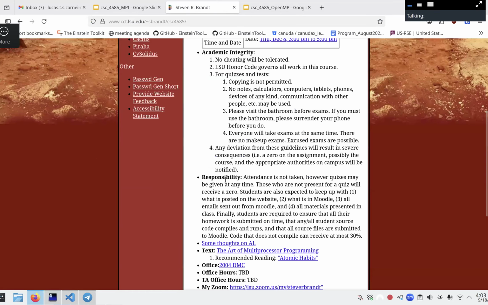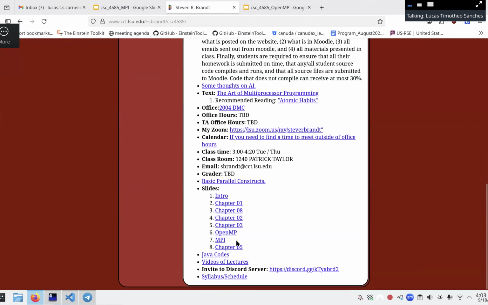Right there down here, OpenMP and MPI. And the slides contain a link to the GitHub repository where we put the code examples, so you guys can play around, and I've added some instructions in the README file, right?